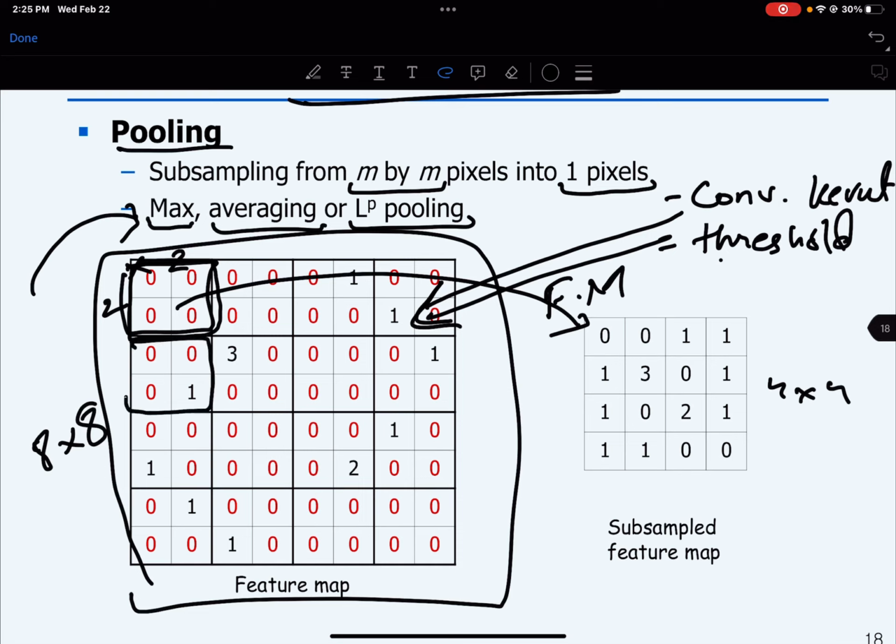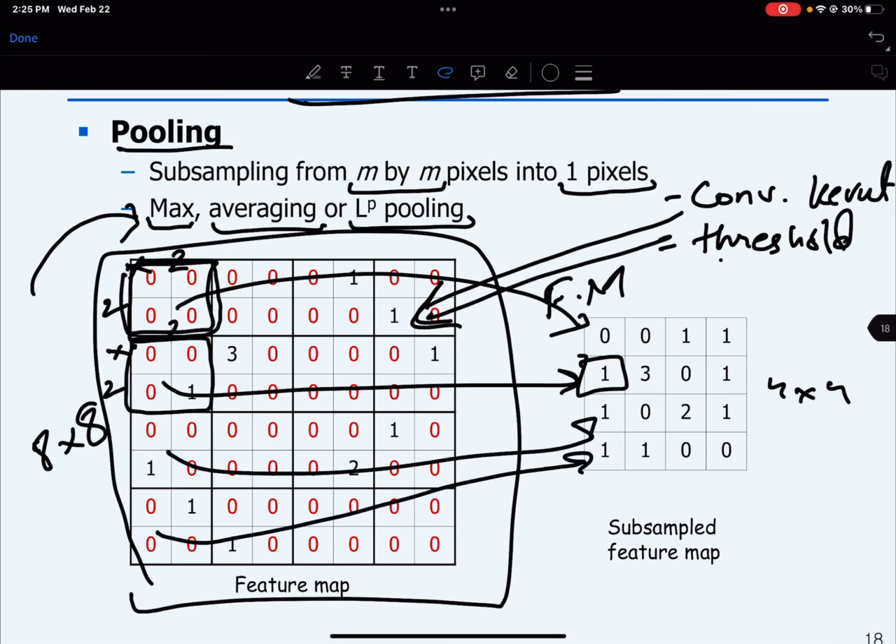For the next, we are not moving pixel by pixel sliding, rather we are moving the pooling filter of size 2 by 2 pixels, and we are jumping to the next. So we have 2 by 2, this max pooling gives us 1, this one gives us 1, and this one has the max value 3. So this is our max pooling.